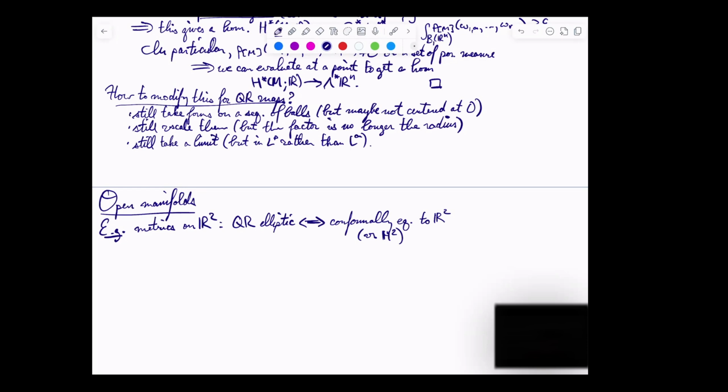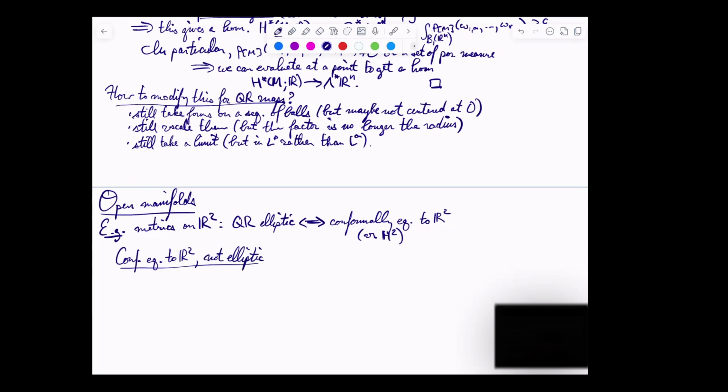And so it turns out to be possible to construct both elliptic metrics that are conformally equivalent to the hyperbolic plane and non-elliptic metrics that are conformally equivalent to R^2. Let me just give the examples.